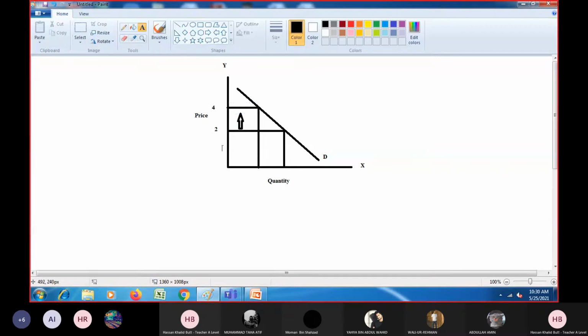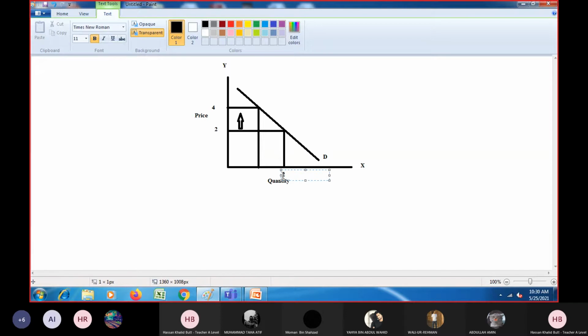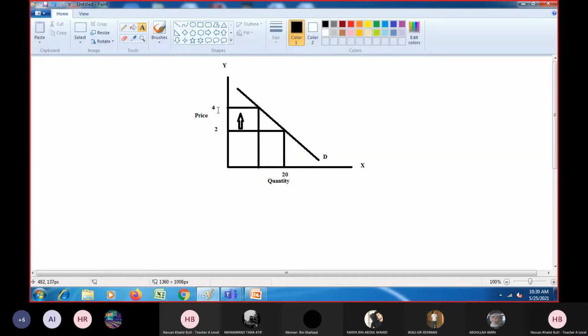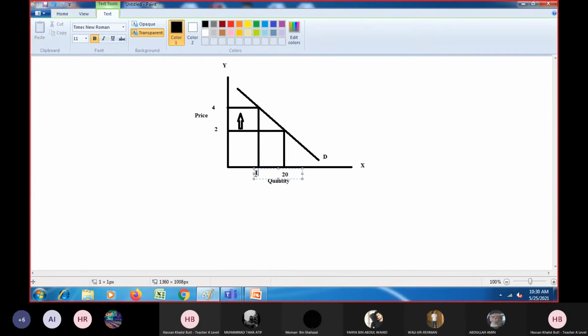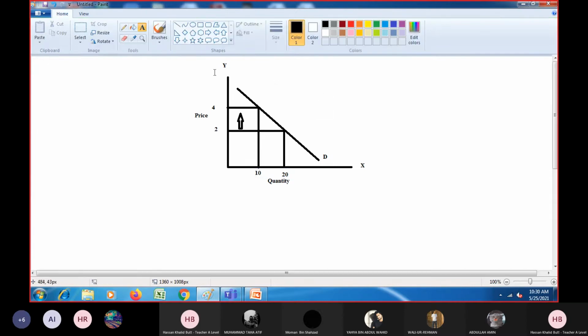If this is the case, at 2, what is the demand or the quantity? Let's say that is 20. And when price goes up to 4, the quantity demanded is now 10. So there is actually a decrease in quantity demanded, right? So this is how a demand curve is drawn.